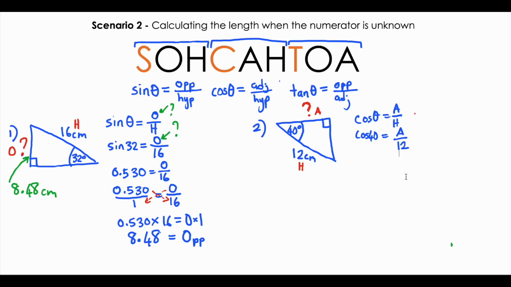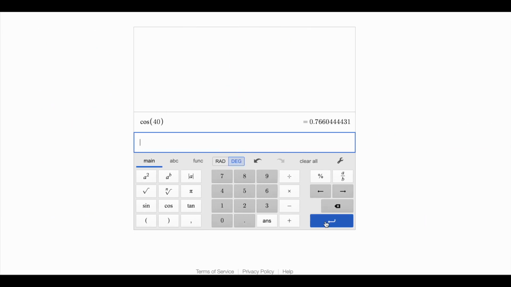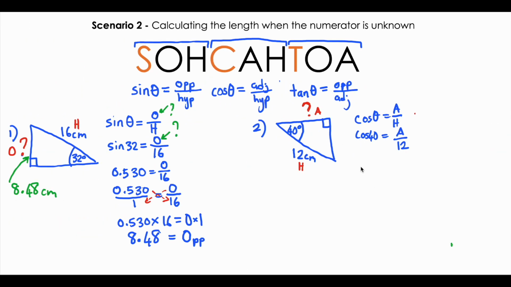When I put cosine 40 in the calculator, I get 0.766. So then I could say 0.766 is equal to A over 12. Now, we have to make this a fraction. How do I make this a fraction? 0.766 over 1, and that's equal to A over 12. So all I have to do now is cross multiply.